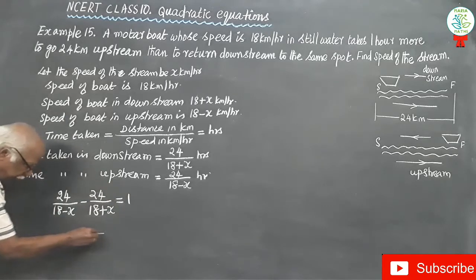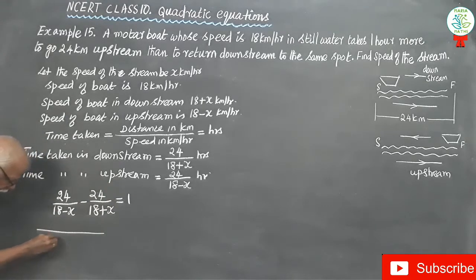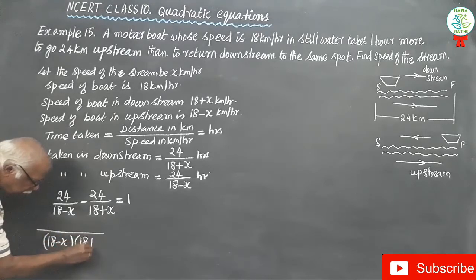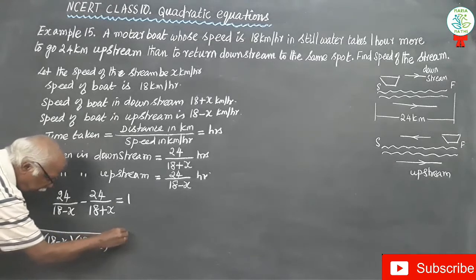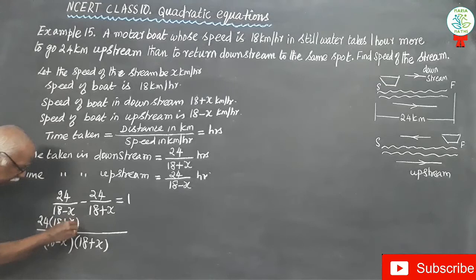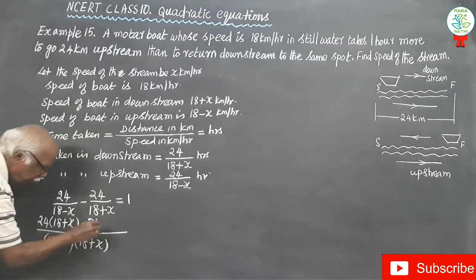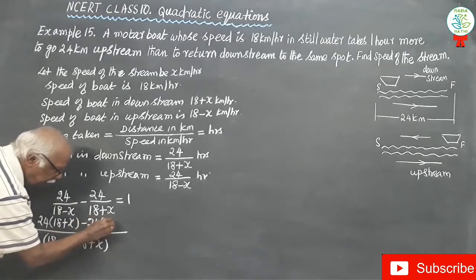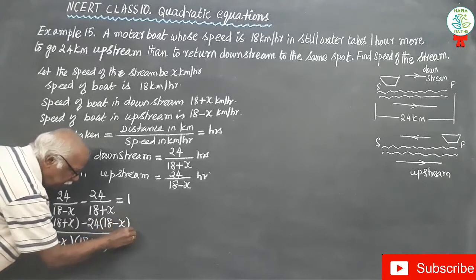Now we have to take the LCM. 24 into 18 plus x minus 24 into 18 minus x, divided by 18 minus x into 18 plus x, equal to 1.